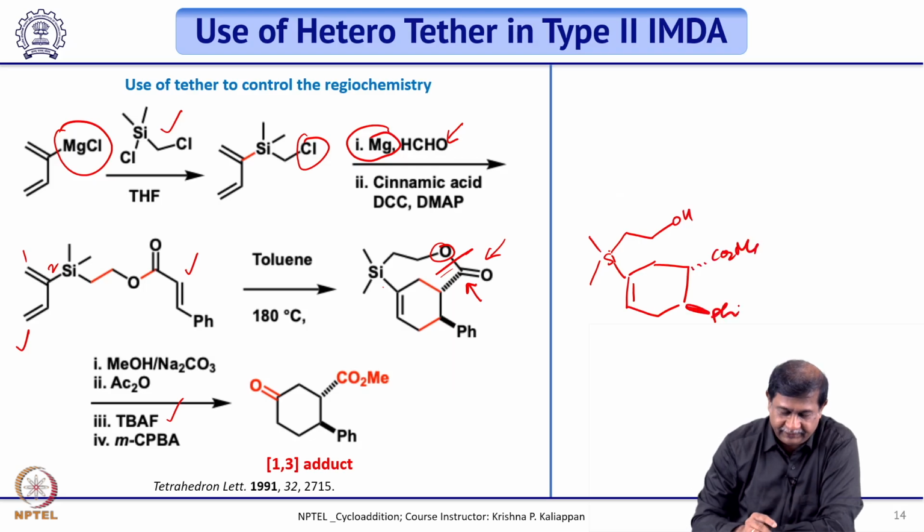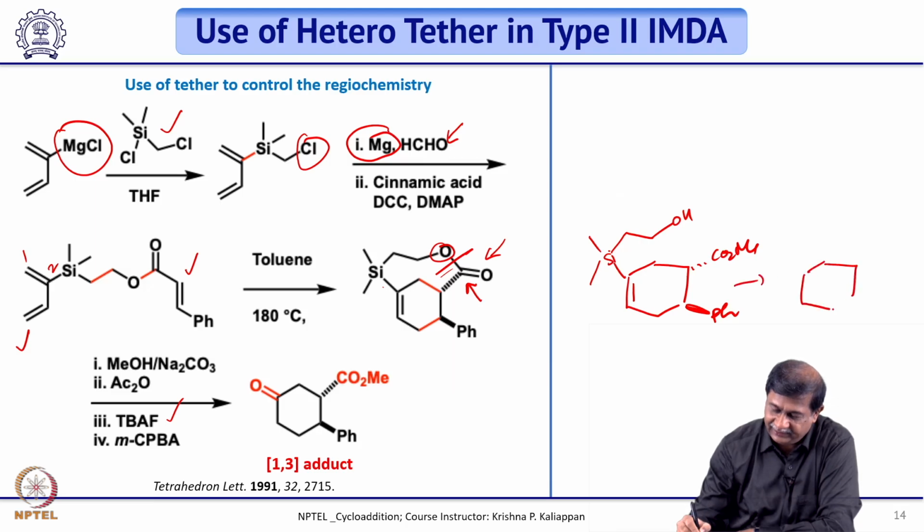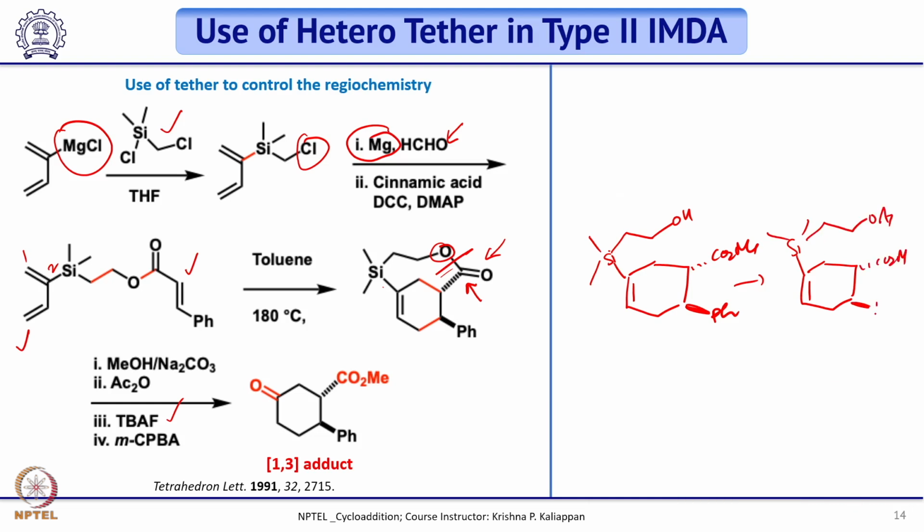When you treat with methanol, the lactone gets hydrolyzed to give the ester and alcohol. Now, upon treatment with acetic anhydride, you get the corresponding acetate. Now, if you treat with TBHP and mCPBA, you get the corresponding ketone.